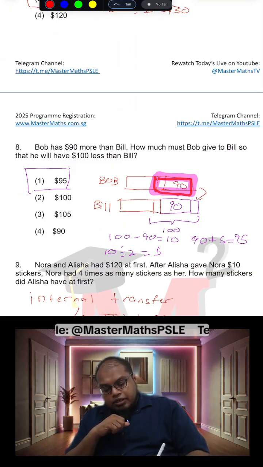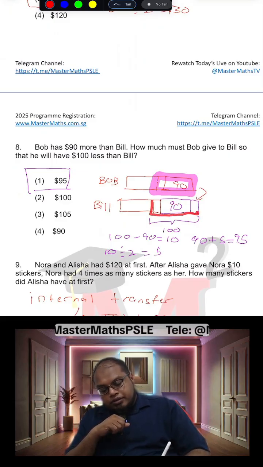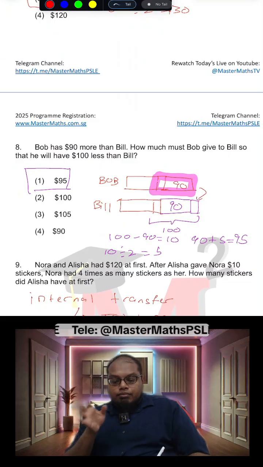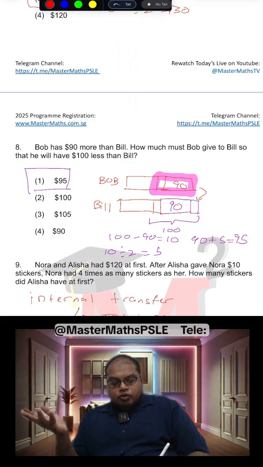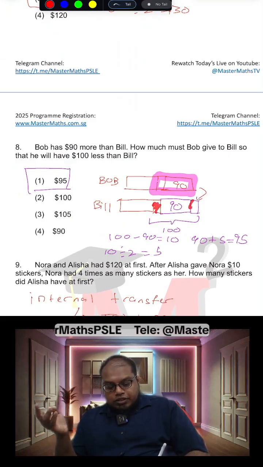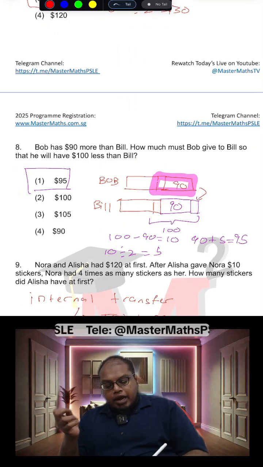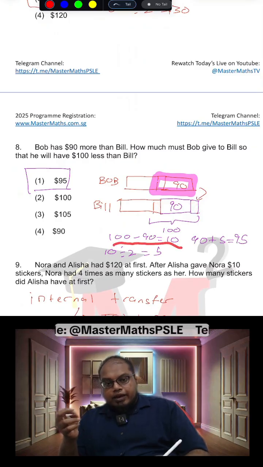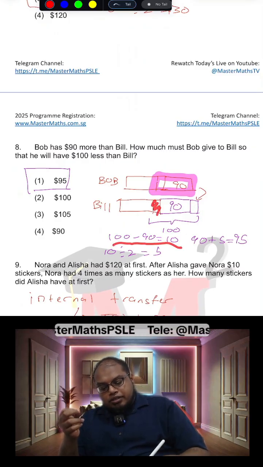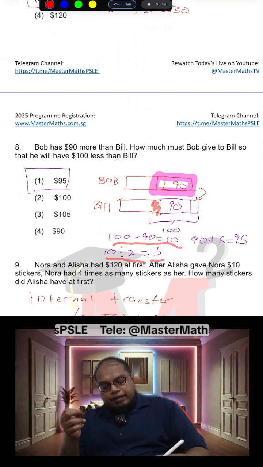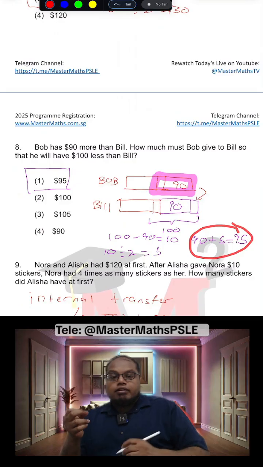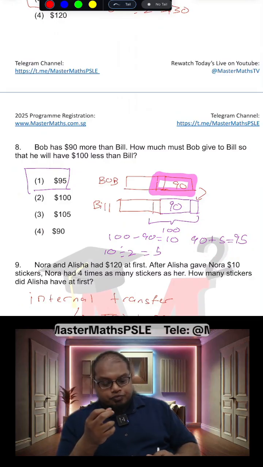You see, I take out this portion, I transfer here. So you got this 90 and this one was from here. Now this whole portion is what we wanted, which is 100 more than Bob. So this is equal to this, right? That's why 190 minus 90 we got 10. And one of this is 10 divided by 2 is 5. So 90 plus 5, 95.